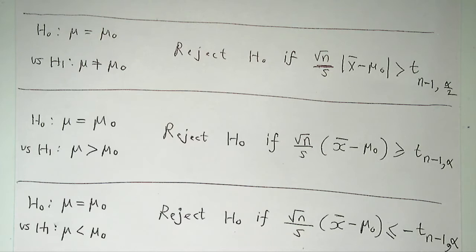Before I go to the next section, which is on inference for the population variance, I will go to that section maybe tomorrow, but before I do that, let me do just one thing.